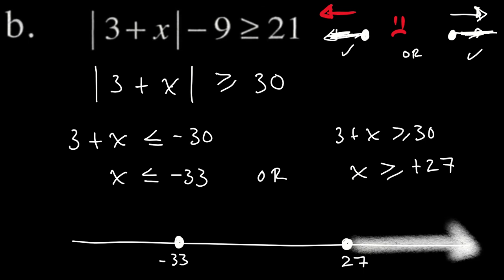So those all work. And any value that's less than negative 33 will work. So that's the graph of the inequality, and you can see my solution. It's these two statements joined by or. Either x's are less than or equal to negative 33, or they're greater than or equal to 27.